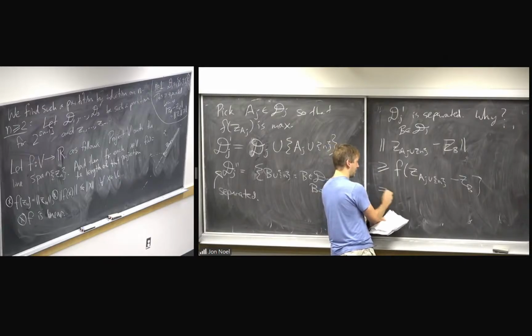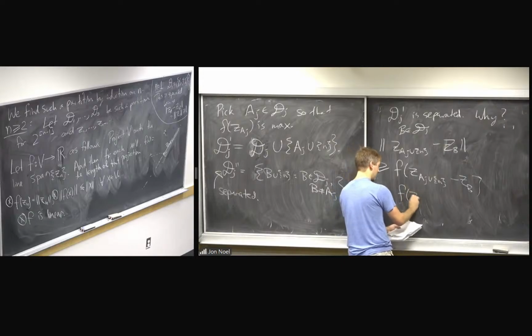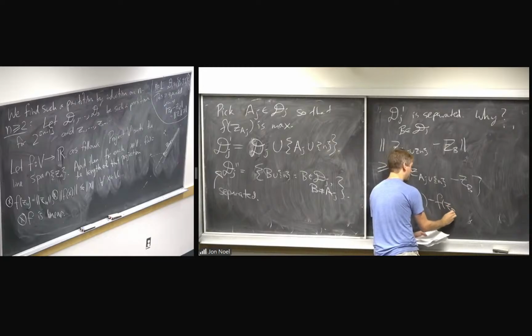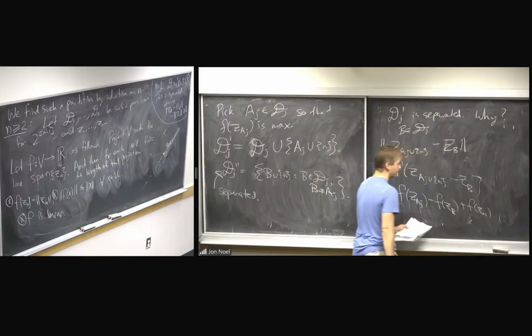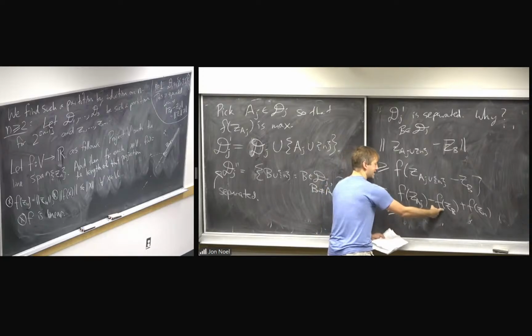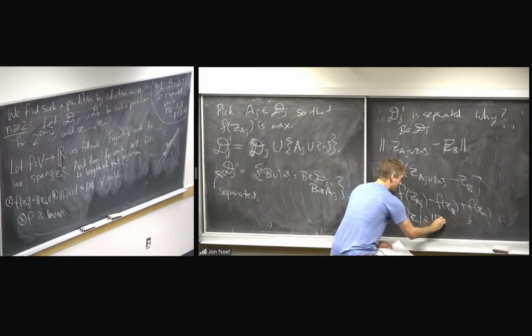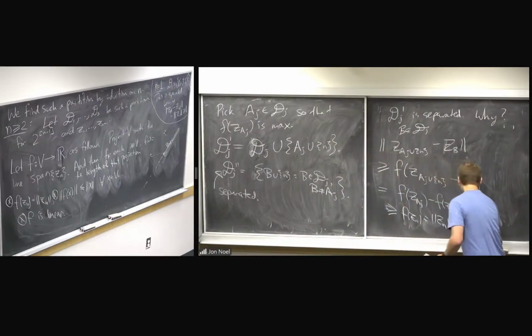But by linearity, this is just f of Zaj minus f of Zb plus f of Zn. But this is the biggest one, so that's at least that. So that kind of cancels out. I just get f of Zn, which is the norm of Zn, and that's at least 1. So it is separated.